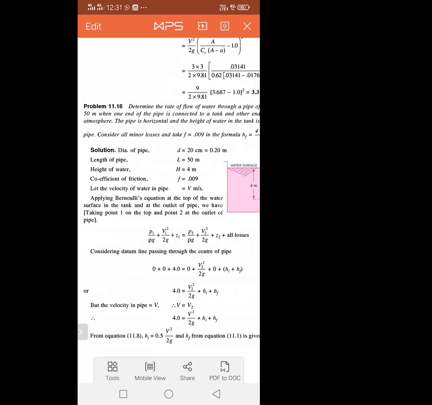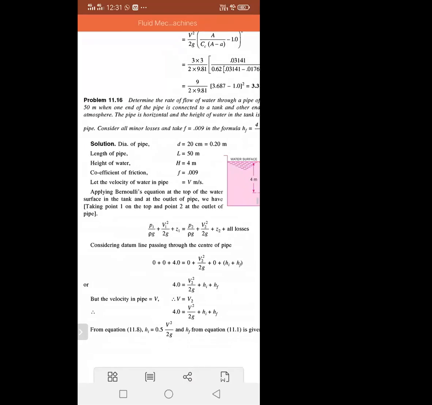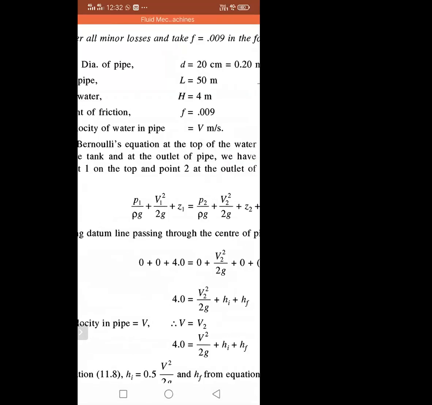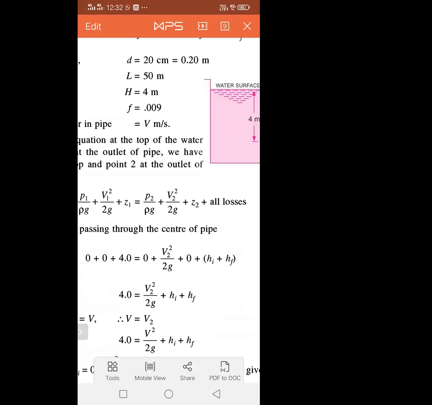Therefore, putting these values: 0 plus 0 plus 4 is equal to 0 plus V2 square upon 2g plus 0 plus hi plus hf.